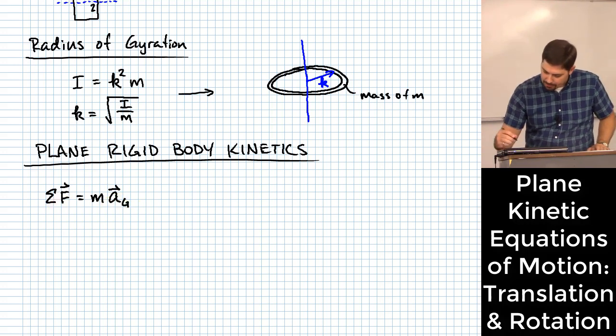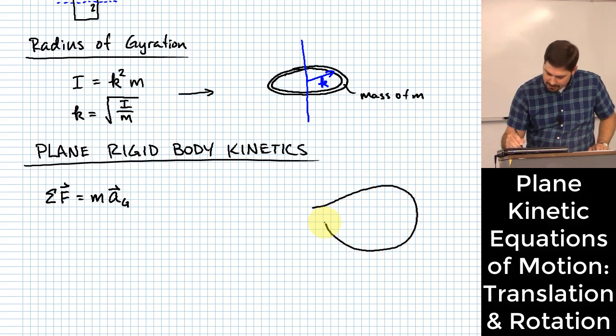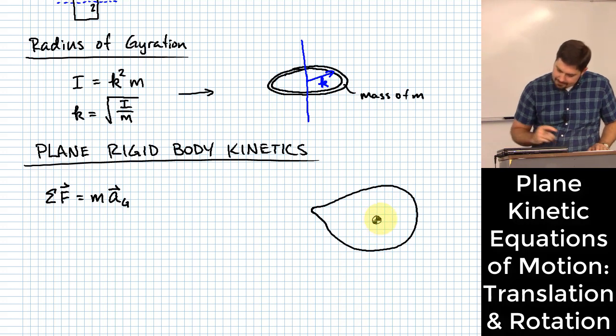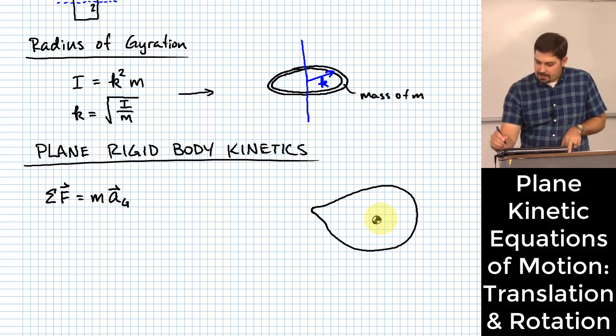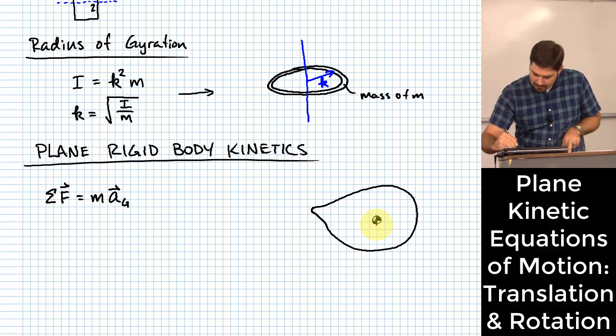So I'm going to start drawing a little picture over here. Let's say that you have some sort of a body like this. Here is the center of gravity. Something like that. And you can have any number of forces that act on it, okay? Like you can have gravity.